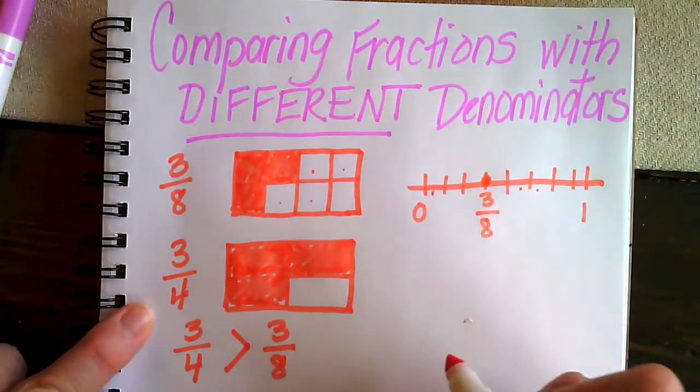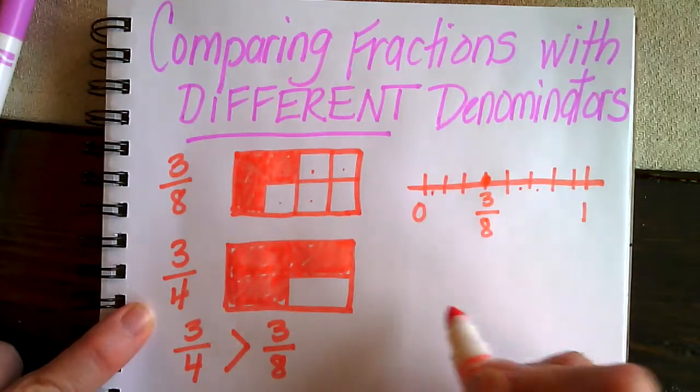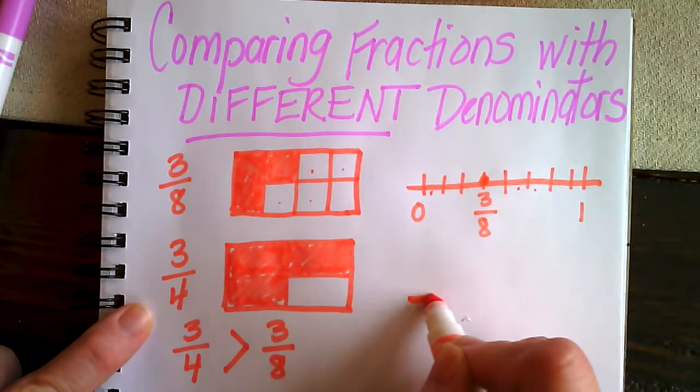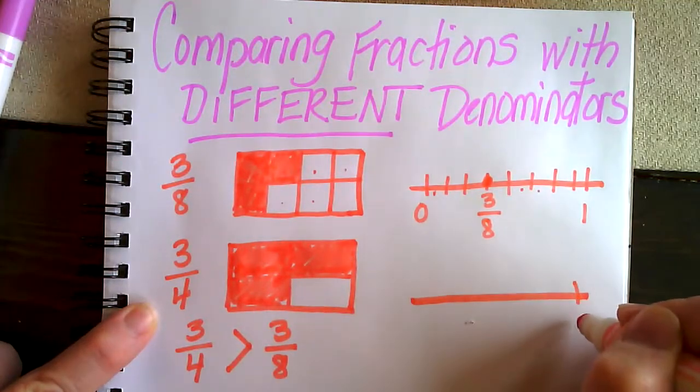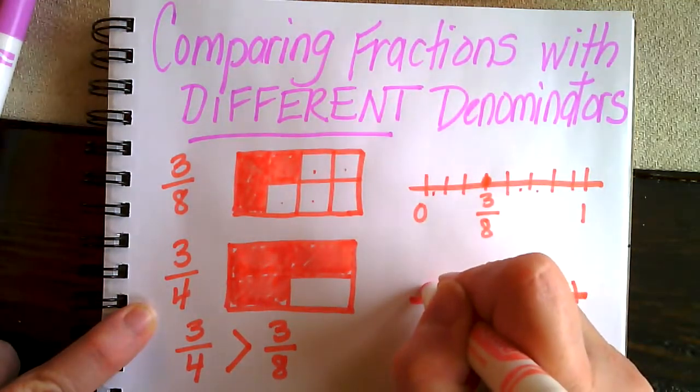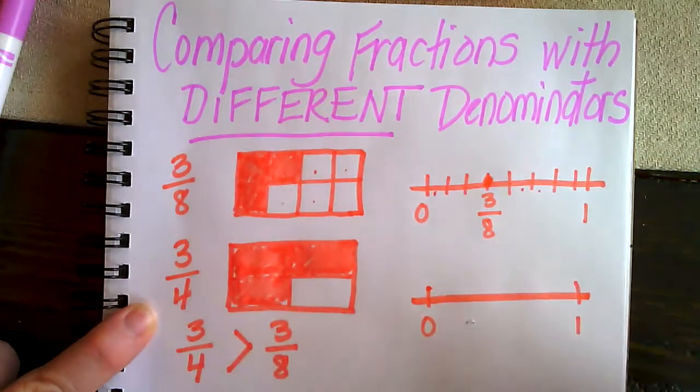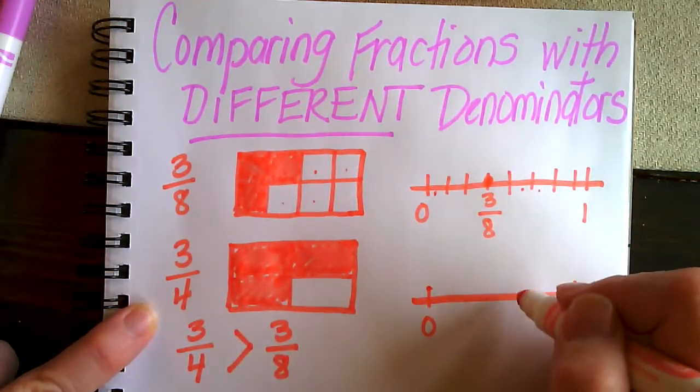And let's look at the next one. Let's make our number line the same size. Our whole needs to be the same size. This time we'll divide it in 4ths.